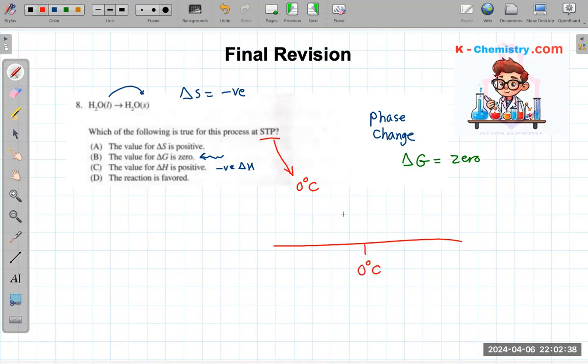Only if you become at a temperature higher than 0, then you can tell me that I am melting. Anything like 1 degree centigrade, I am melting. What about -1? I am freezing.